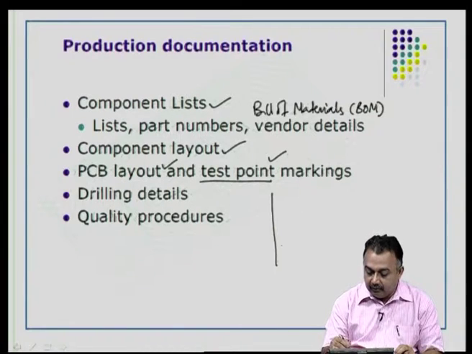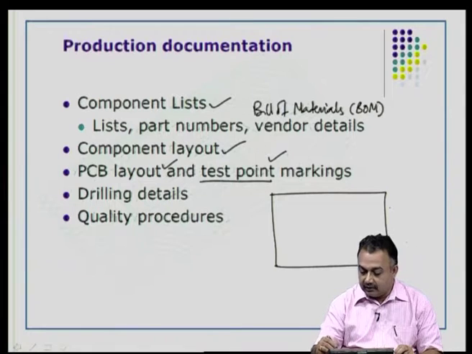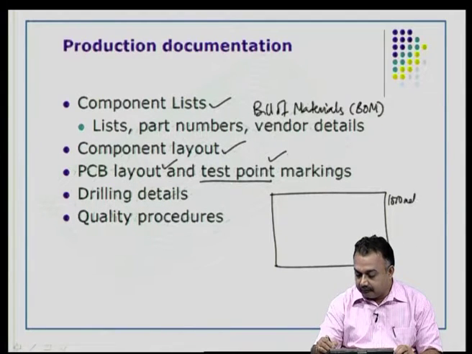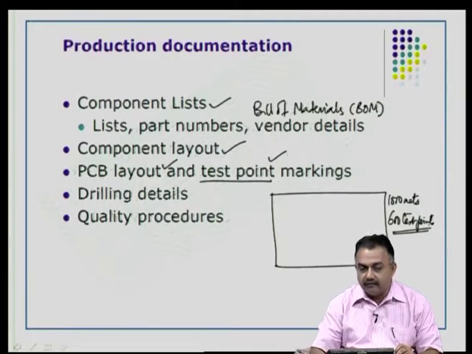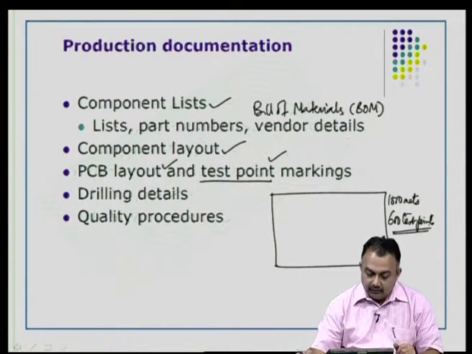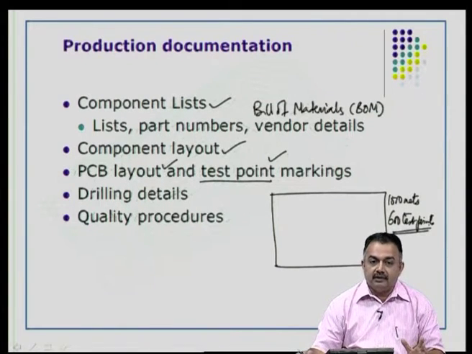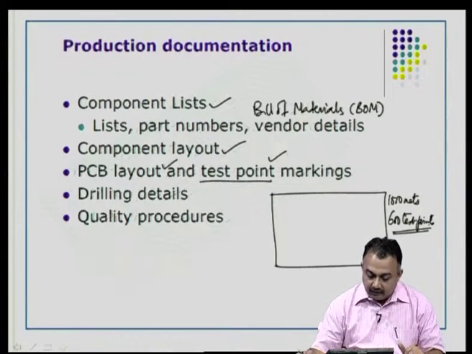In a particular board, there may be, let us say, 1000 nets, but there will be about 600 test points. So, these XY coordinates for your test points may be required for qualifying your board, and this data is fed to the flying probe tester, your automated equipment that can quickly give the shorts and open details.